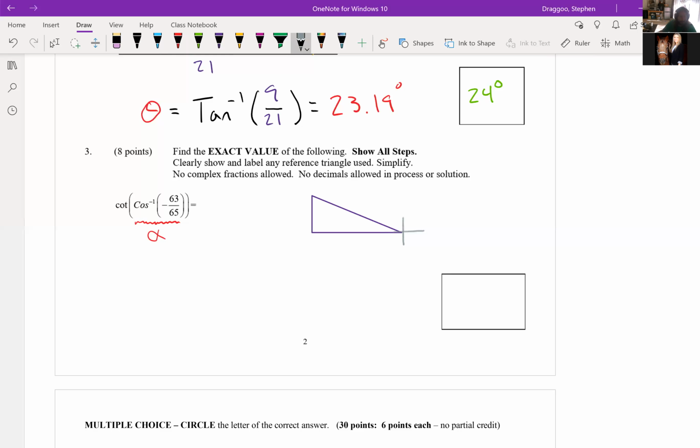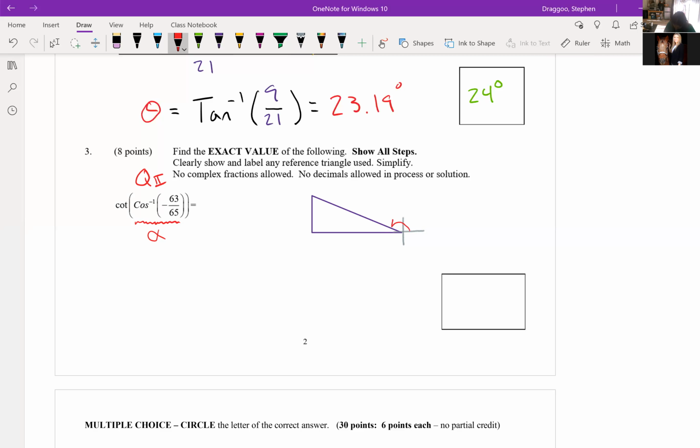And I'm going to put this triangle in quadrant 2. Since I'm taking the cosine inverse of a negative number, I know that cosine inverse is negative only in quadrant 2.